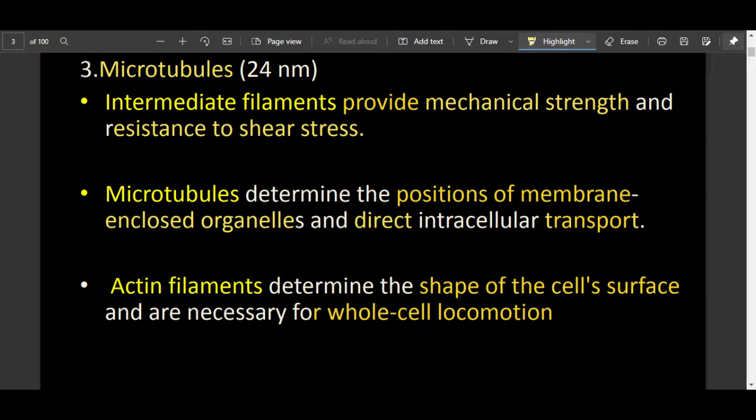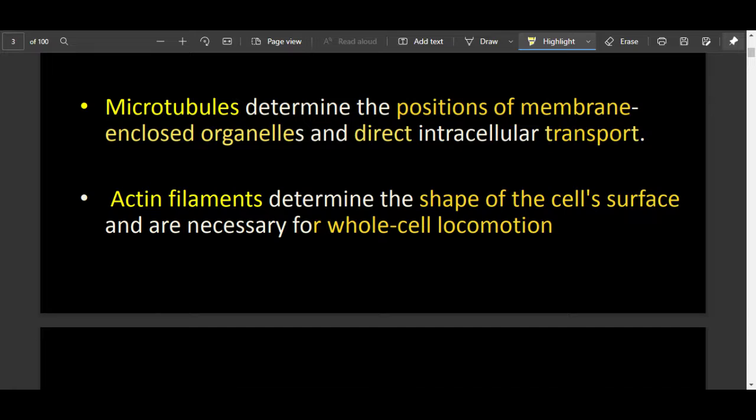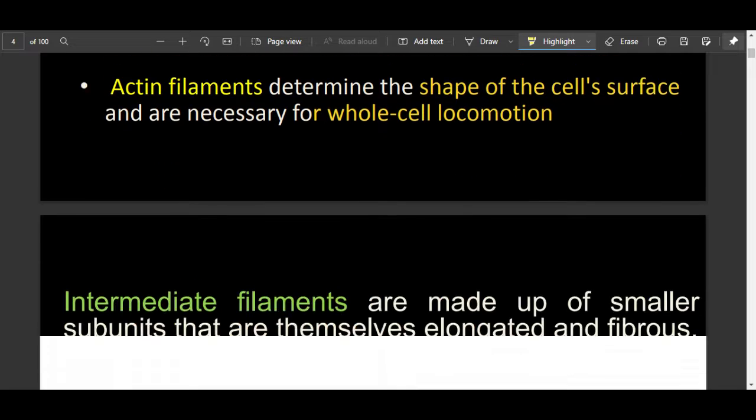So here are the three types of filament: intermediate filaments provide mechanical strength; microtubules determine membrane-enclosed organelle positions and direct intracellular transport; and actin filaments determine the shape of the cell surface and whole cell locomotion.